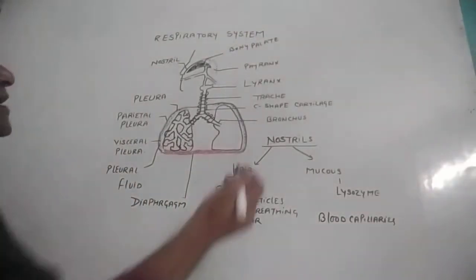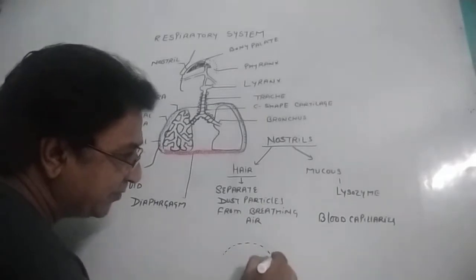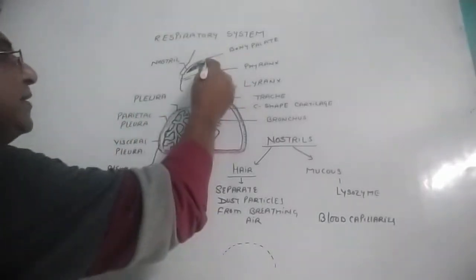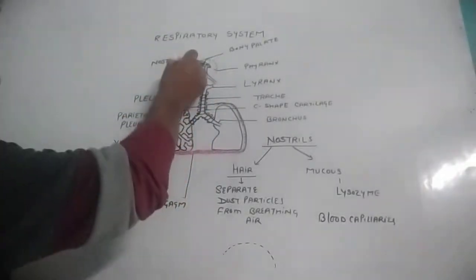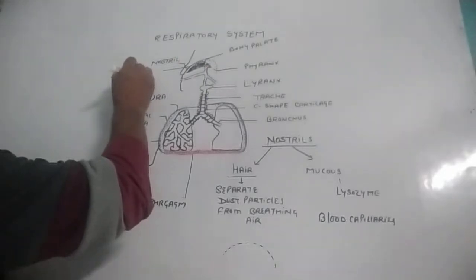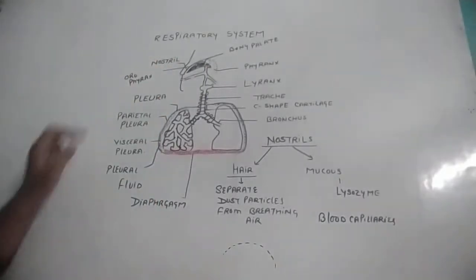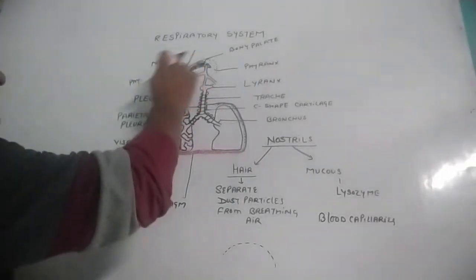Now the pharynx can be further divided. This pharynx starts from the nostrils and goes posteriorly. It can be differentiated into the oropharynx. What is the oropharynx? The pharynx which is connected to the oral cavity. This is the oral cavity. Sorry, we have labeled this.